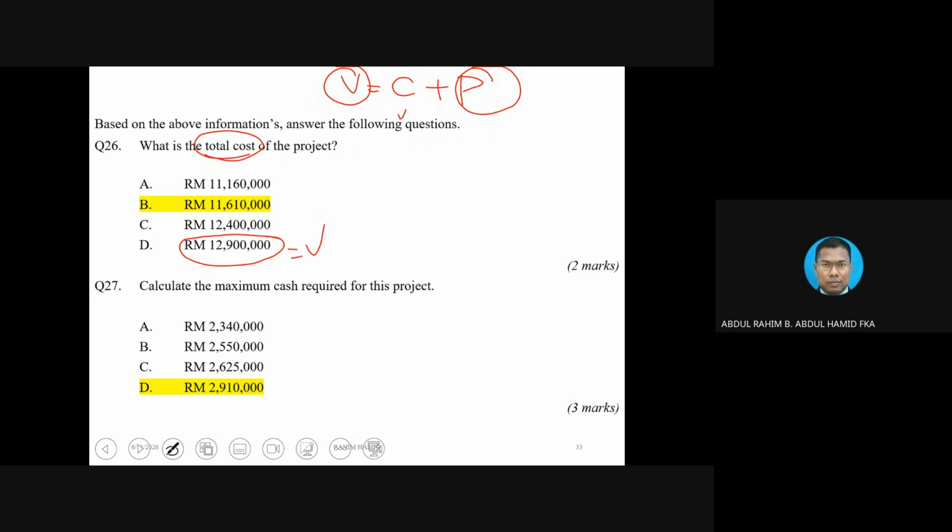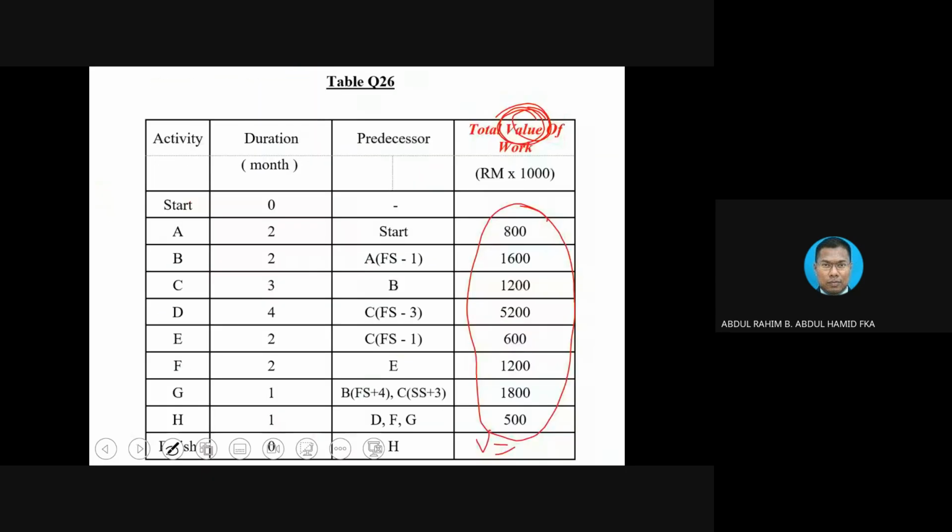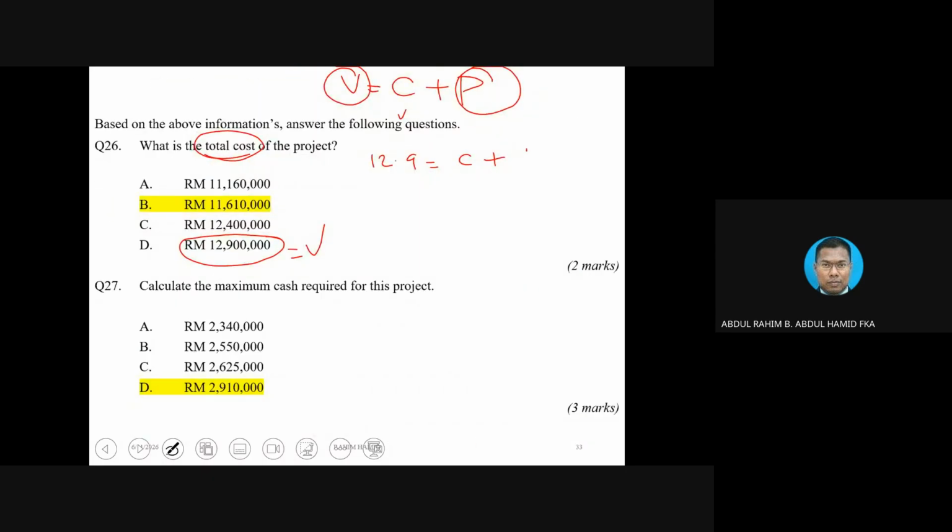And then, okay, since the value is there, so you need to find the P. You can use the equation 12.9 equivalent to C plus P. P is what? Here, 10% of the value. 12.9 times 10%.